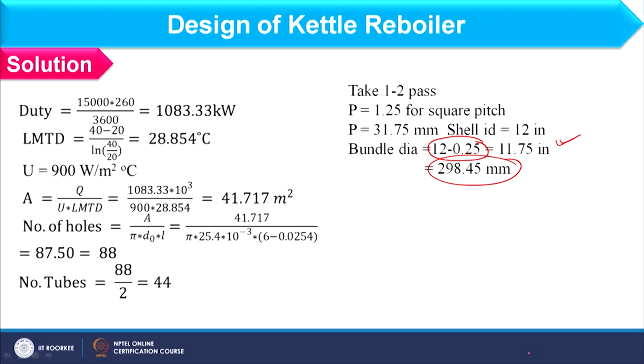So, the next step is to find the heat transfer coefficient on the shell side as well as on the tube side. If you remember the heat transfer mechanism, that is nothing but pool boiling. So, we will consider a nucleate boiling correlation over here, and in this problem we are given the critical pressure, so accordingly we will choose the expression.